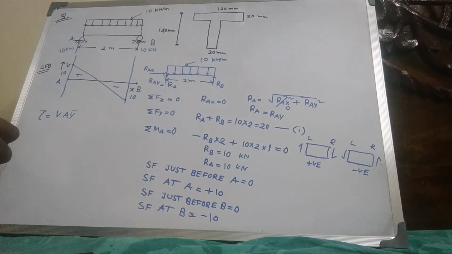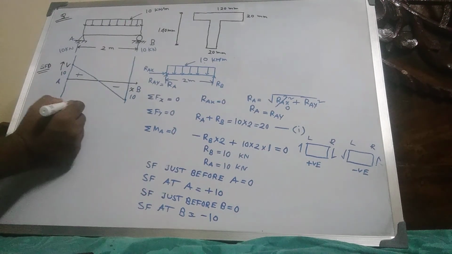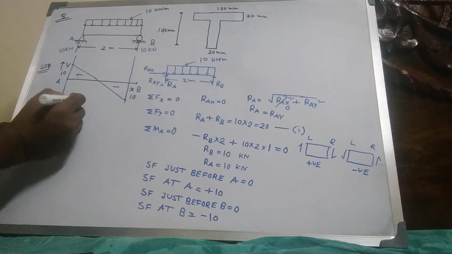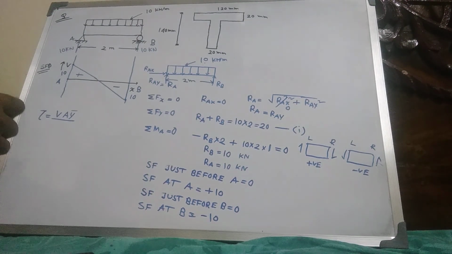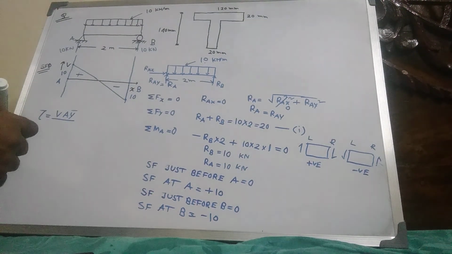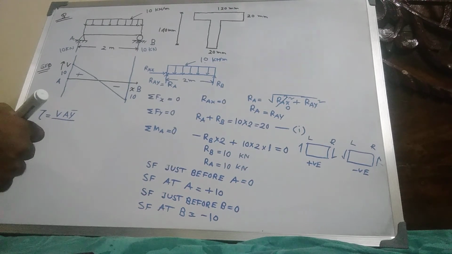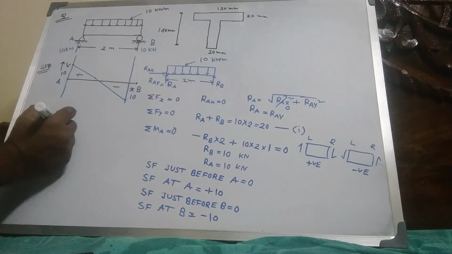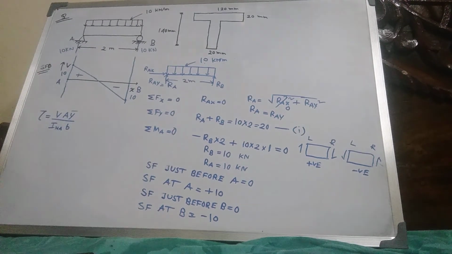A y bar is the moment of area above the plane at a distance y from the neutral axis, and I is the moment of inertia about the neutral axis, into b, the width of the cross section.